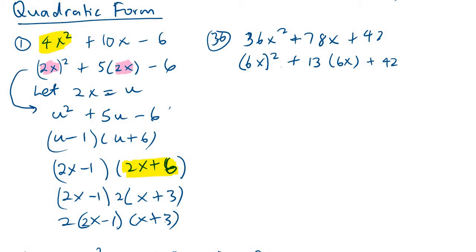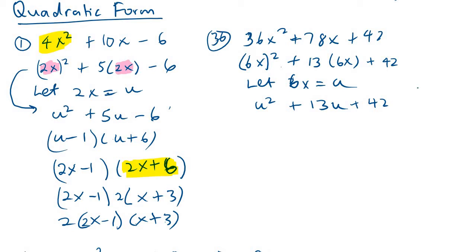So now we can replace 6x with u. So let's say let 6x equal u. That's the u substitution there. Okay, so we do u squared plus 13u, plus 42. So now we got it down to the very easy trinomial.